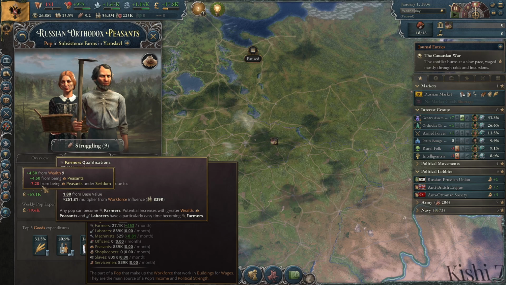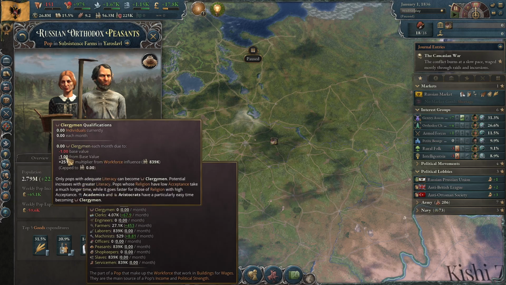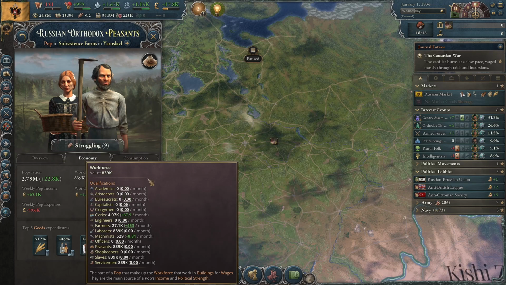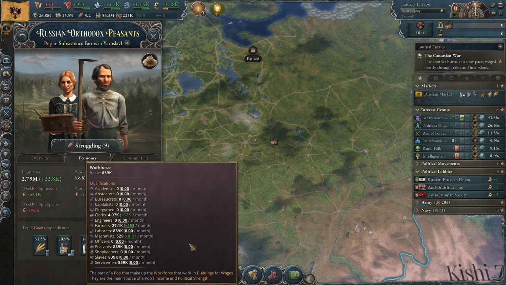And this can prevent them from gaining various qualifications entirely. For example, they have an inefficient literacy, so we can't show it here, but things like becoming a capitalist for a peasant is basically impossible, even if they have the money and the literacy, if they're still a serf under serfdom.